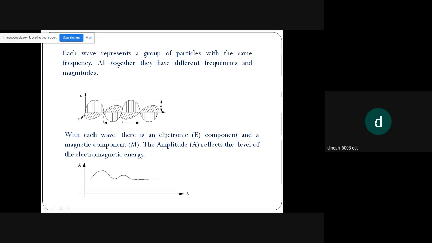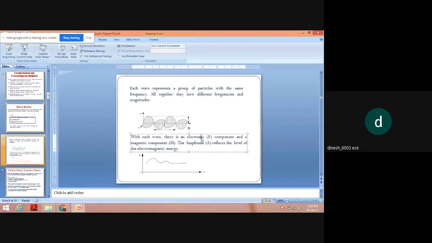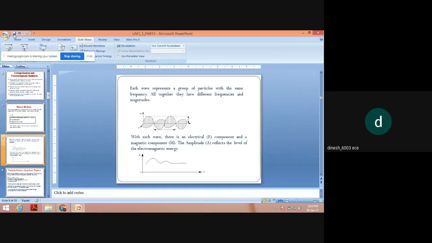Amplitude is measured in E. So with each wave, there is an electrical component E and a magnetic component M. Here the notation is like that.